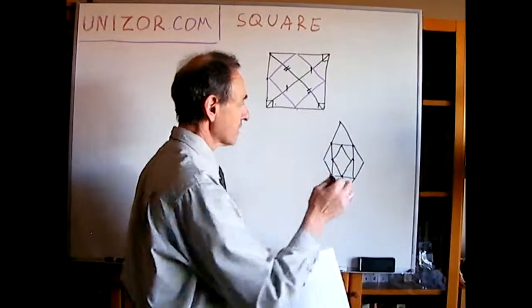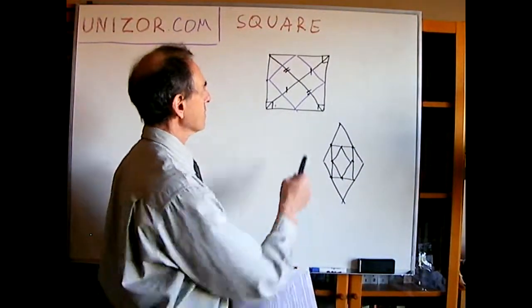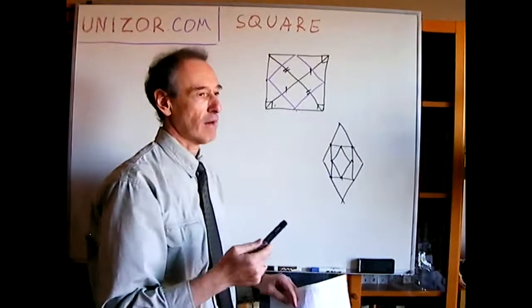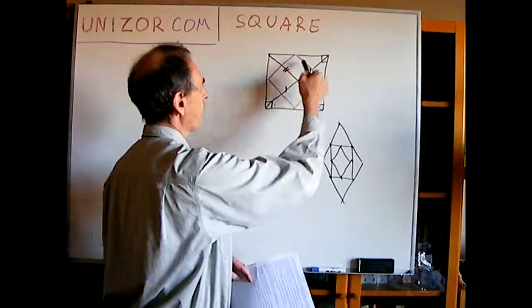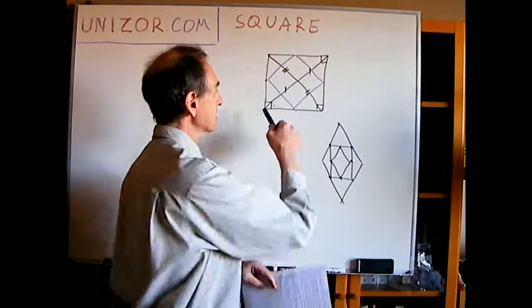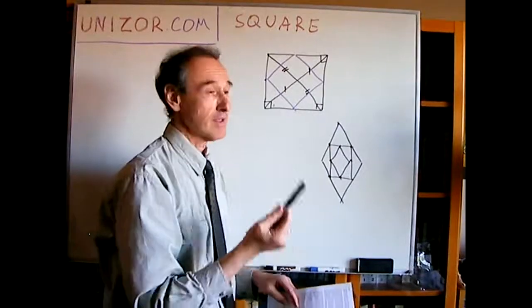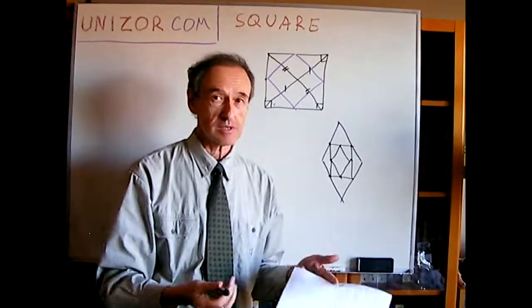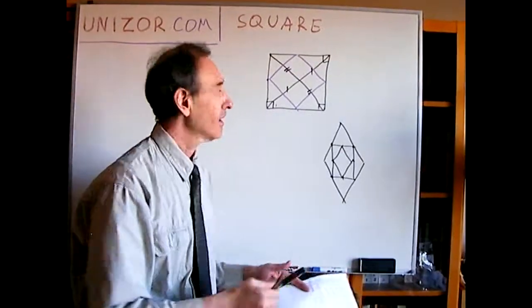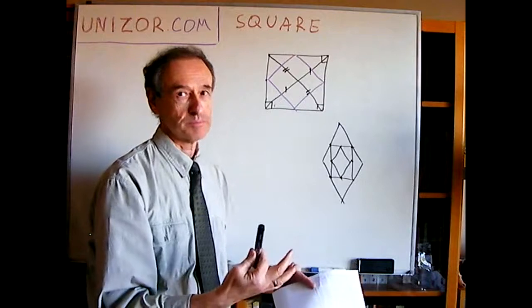Well, et cetera, you can insert more and more. What's interesting is that since this square is a rhombus, midpoints form a rectangle. But since it's a rectangle, midpoints form a rhombus. That's why the midpoints form a rhombus and rectangle, which is a square by definition. So midpoints of a square make up a square. Okay?